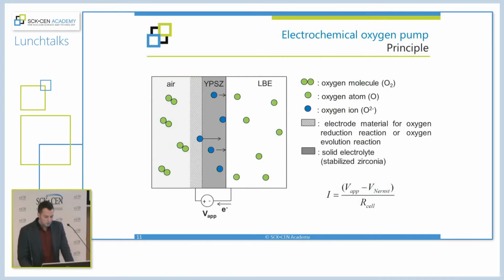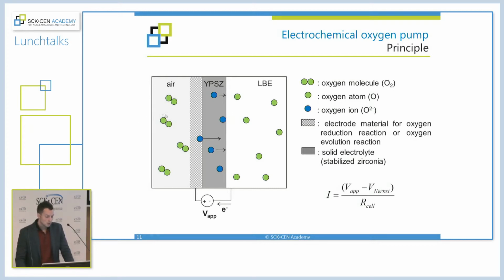Well, the principle is explained in this picture. First of all, we have a special material that confines our LBE from a compartment in which we have air and a reference electrode. The property of the material in between is what we call solid electrolyte. The property of the solid electrolyte is that it can conduct oxygen ions.